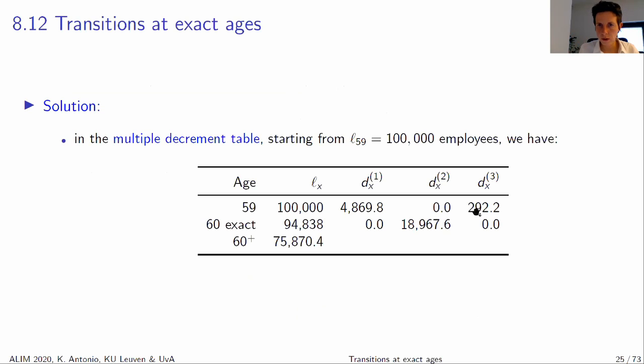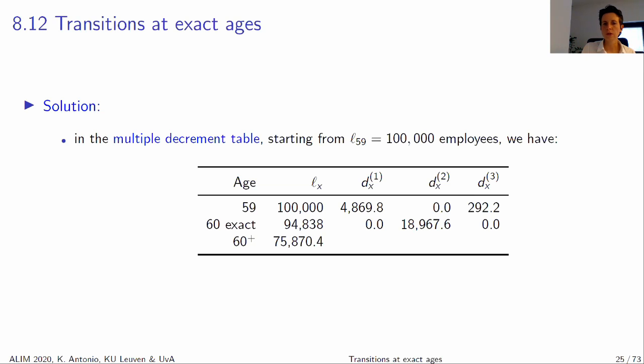Now, of course, if we use this line, if I look at how many people I expect to reach age 60 out of the initial group of 100,000, well, then the expected number of people who reach age 60 is 94,838, right? So of course, how do I get that? That's the 100,000 minus this number minus this number. So why do I do that? Why do I make explicitly this distinction in my table?